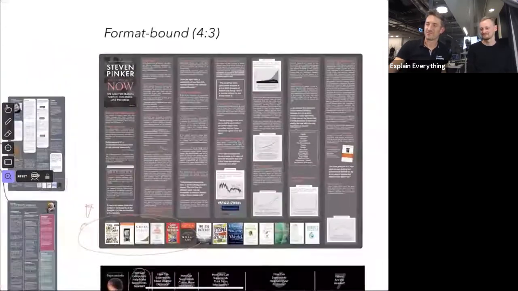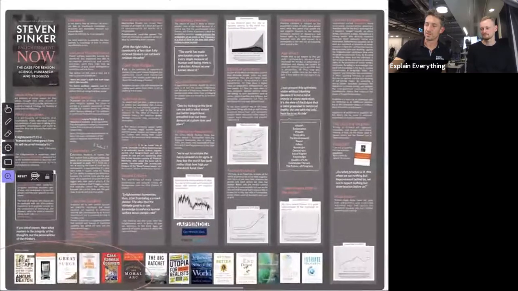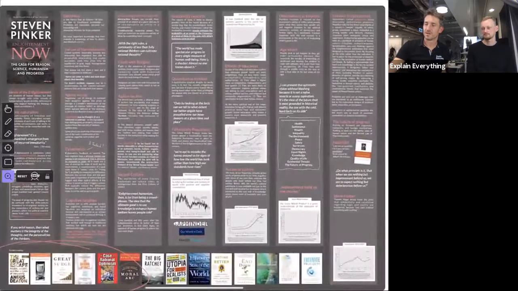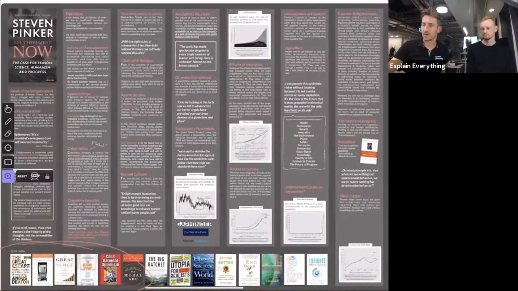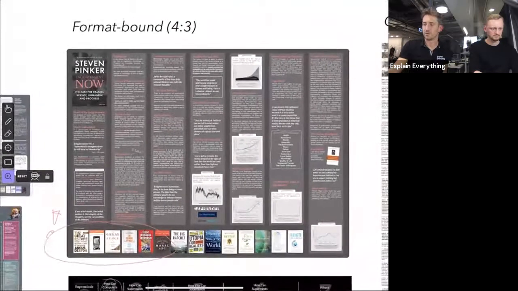So here we have a map that is bounded in the same format as the iPad screen. That's why it looks okay on the screen of an iPad, where you have column division of the notes, 6, 7 columns, together with notes and different books that were referenced in the material from this book, and the graphs together on a single poster, I would say.